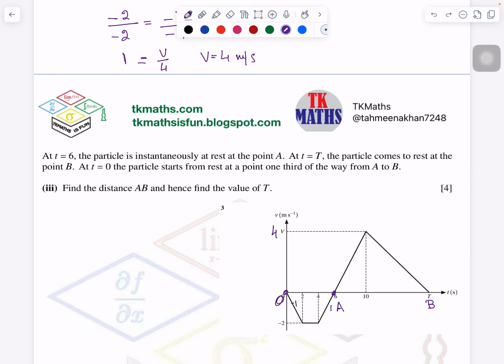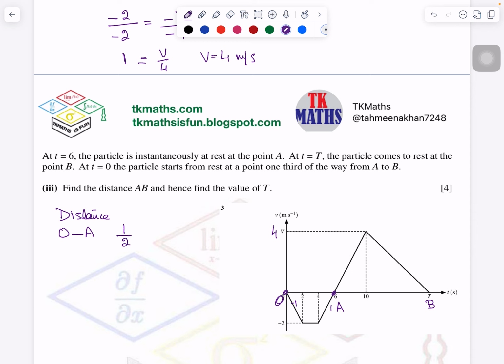So to find out the value of T here, first of all, I'll find the distance in this whole portion, so that I can multiply it by 3 and get this distance. Okay, so let's do it. Distance covered from 0 to A. What is the shape?